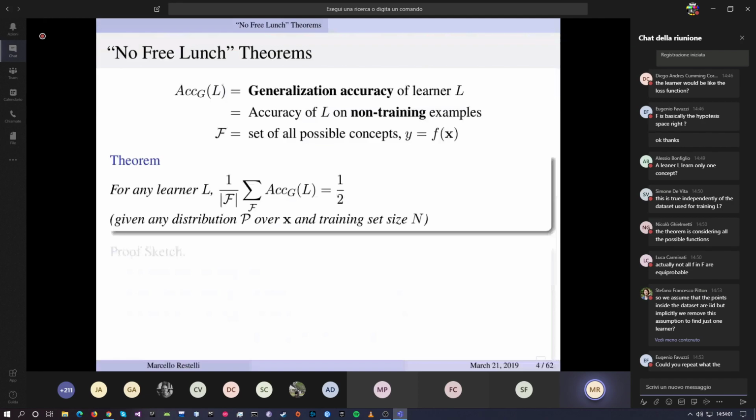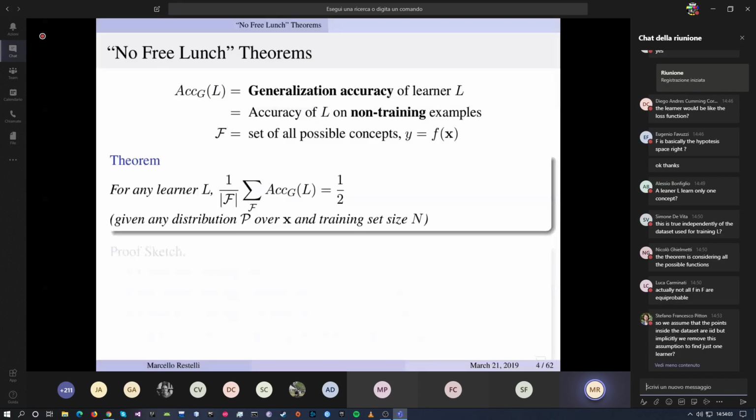There is another question. So we assume that the points inside the dataset are IID, but implicitly we remove this assumption to find just one learner. No, actually, we do not remove the assumption that they are IID, even if in some cases we do not make this assumption. We simply assume that the function that we are going to learn has some regularity.